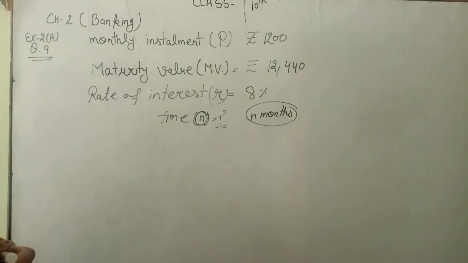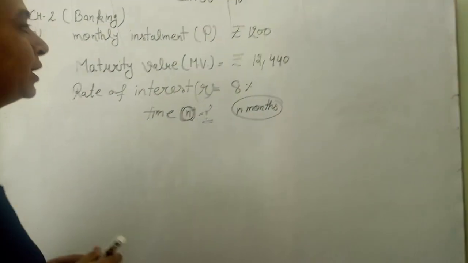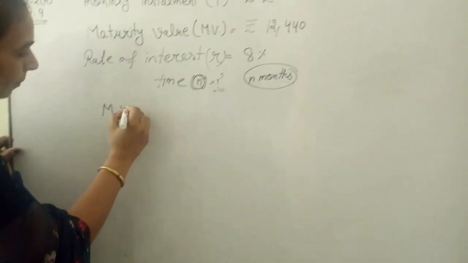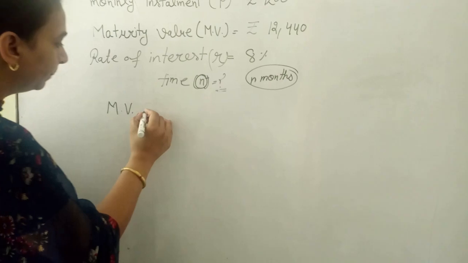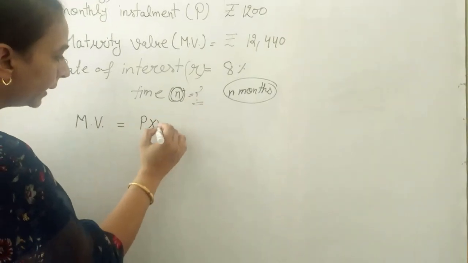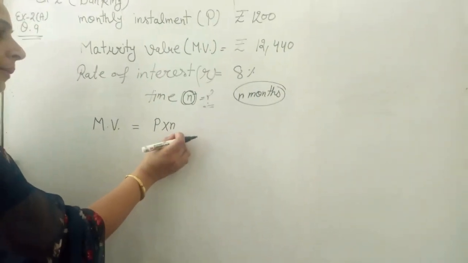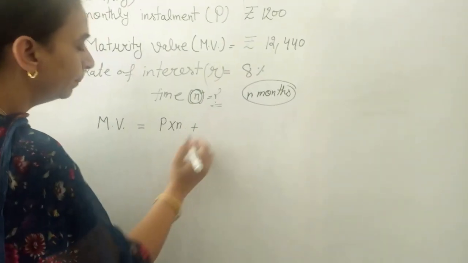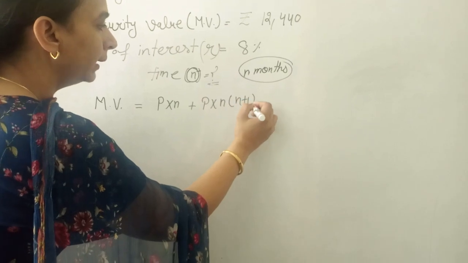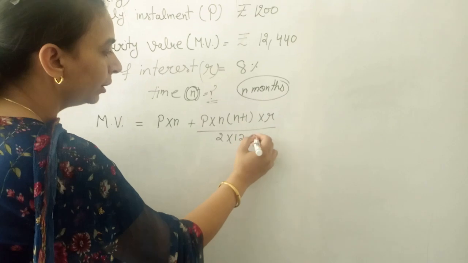Okay students, we know the formula for maturity value. First I write the result: MV, maturity value, equals P multiplied by n, where P is the monthly installment and n is the time period in terms of months, plus P multiplied by n into (n plus 1) into r by 2 into 12 into 100.